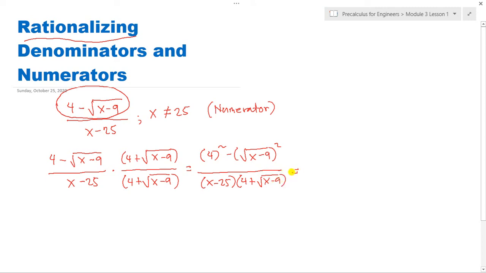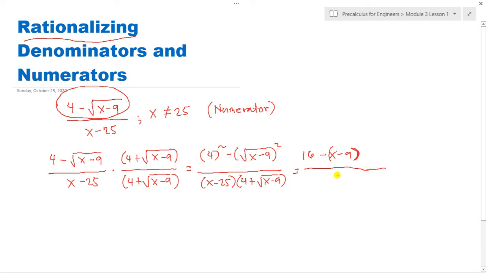In this case, the numerator would be 16 minus the second term is just x. Don't forget to write parenthesis, baka kasi meron ditong negative sa labas, so therefore it is not advisable na isulat mo agad-agad yung x minus 9 na hindi ka maglagay ng parenthesis.